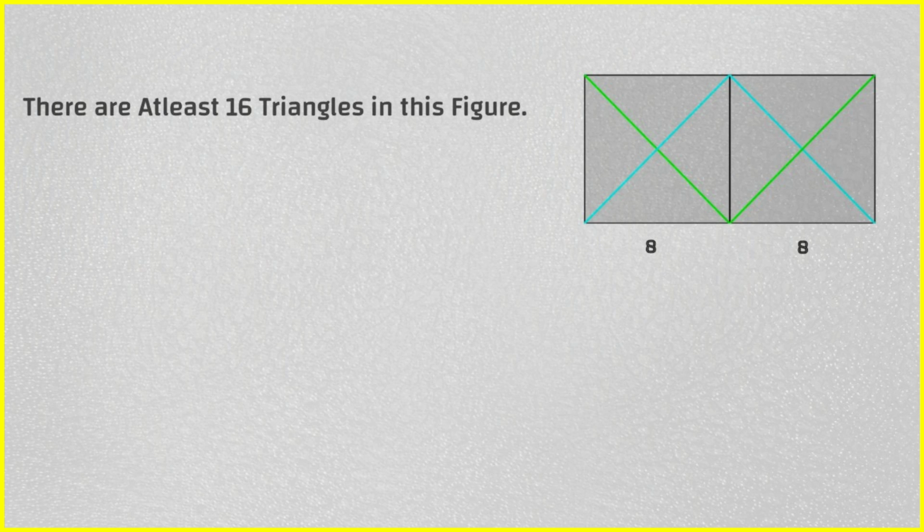So it's clear that there are at least 8 plus 8, 16 triangles. But if we observe carefully, there are 2 more additional triangles formed by the joining diagonals in blue and green color. So the total number of triangles formed in this figure is 8 plus 8 plus 2, which gives us 18 triangles.